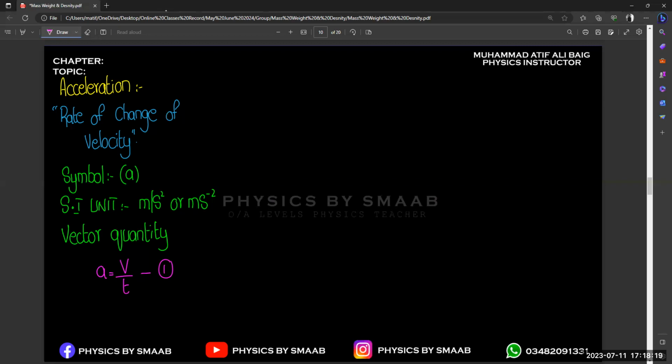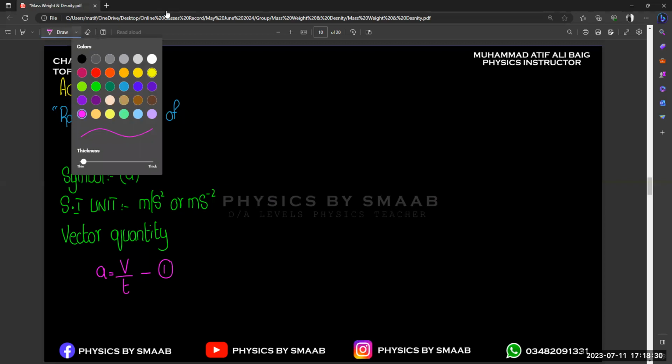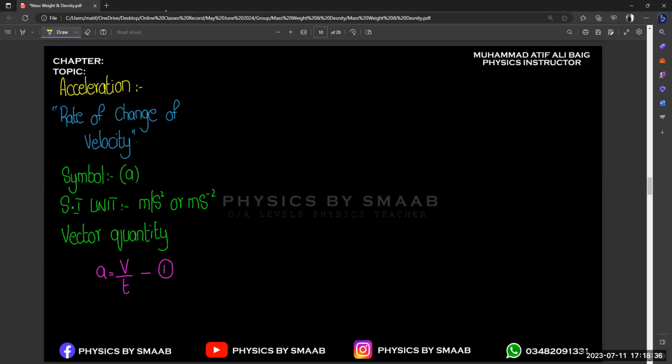So basically acceleration is the rate of change of velocity, but velocity can change in two different forms. Either it is going to be increased or it is going to be decreased. So when we are talking about simple acceleration, velocity or speed will increase.